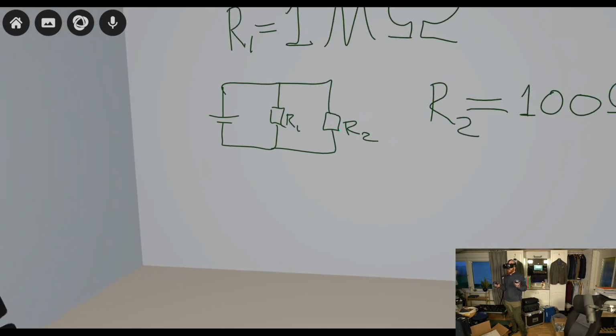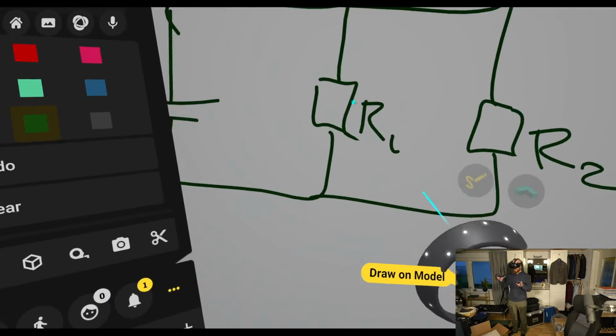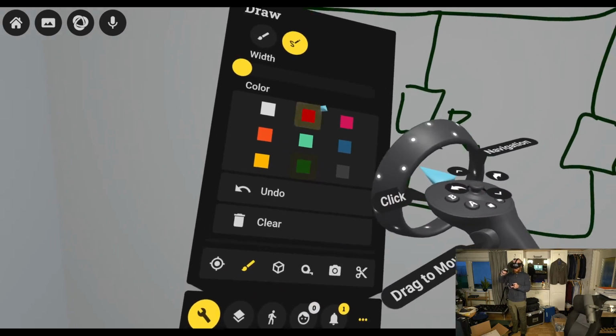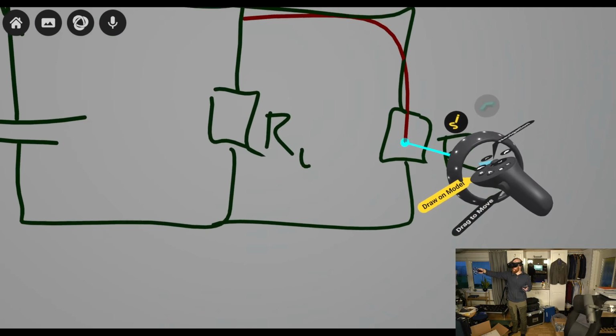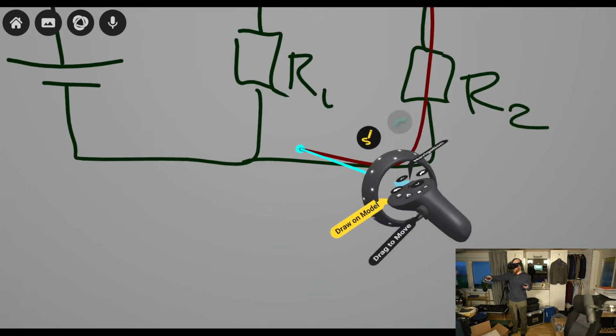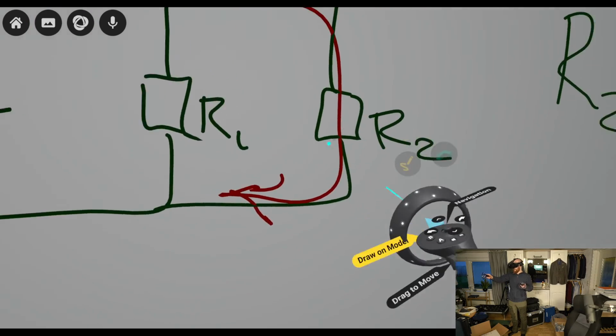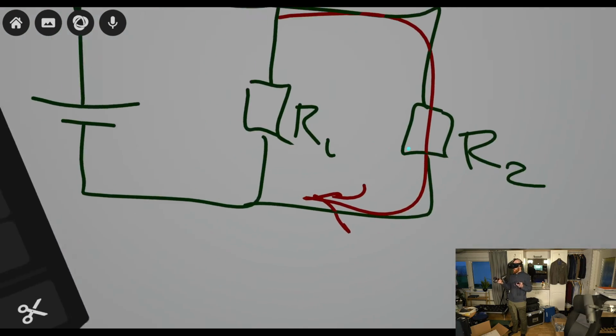What will happen here in this case? Well, nothing will come through here. 99.9% of the current will flow through the weaker resistor. And this is the point.